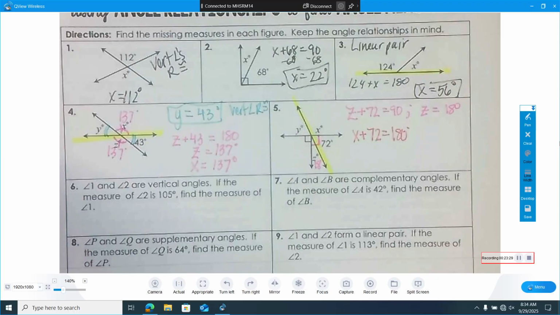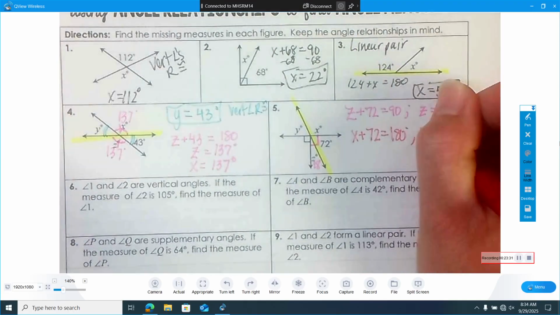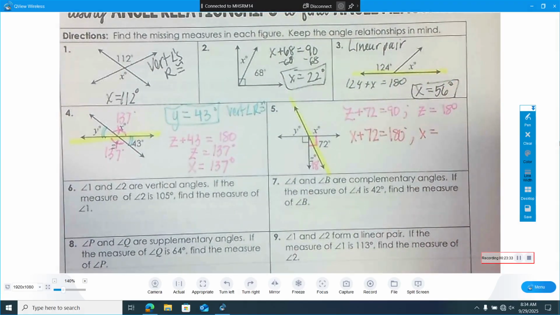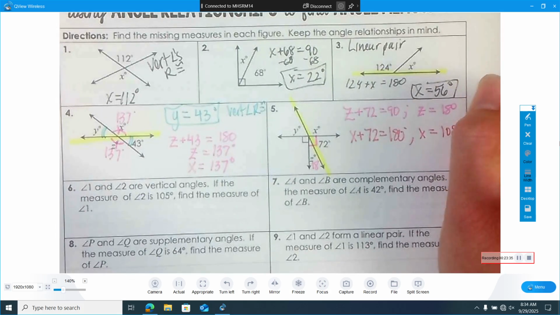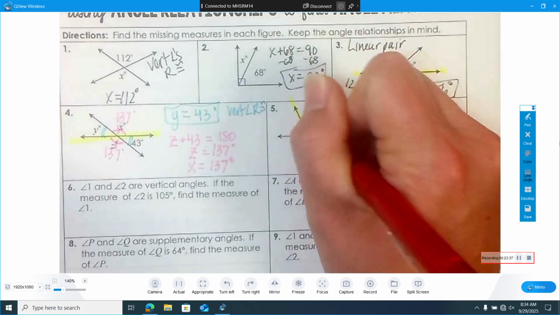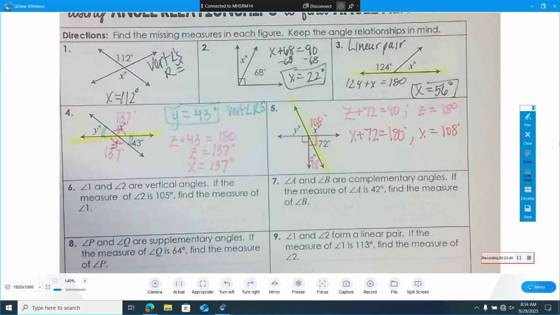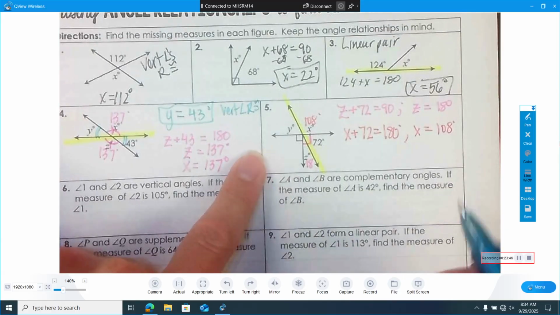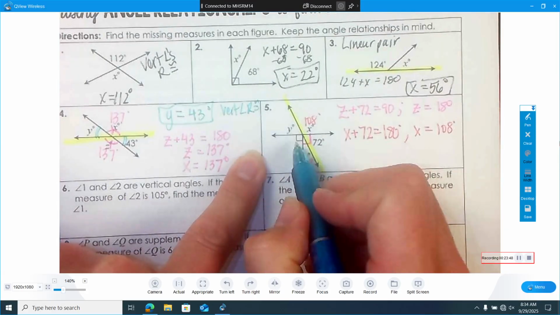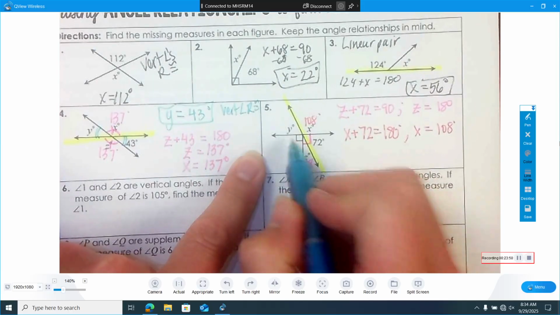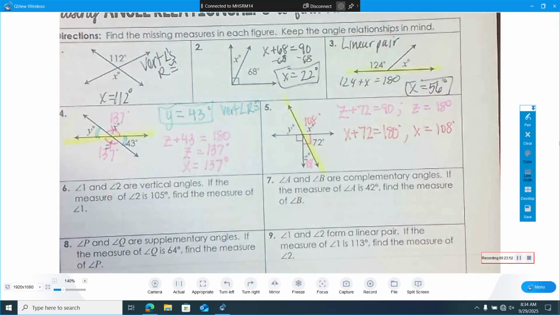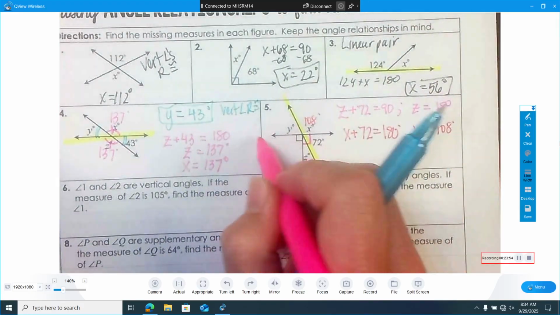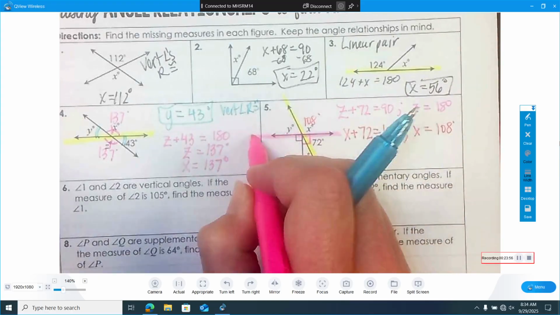And again, if I then subtract 72, X would equal 108. All right, so X is 108 degrees. Which would mean Y would have to also equal that 180 because of the 180 that they sit on. Okay, so you have another sort of linear pair right here, is what you're telling me.